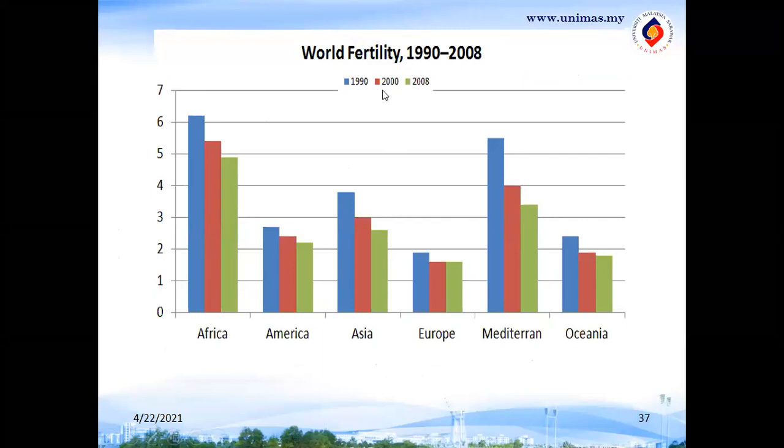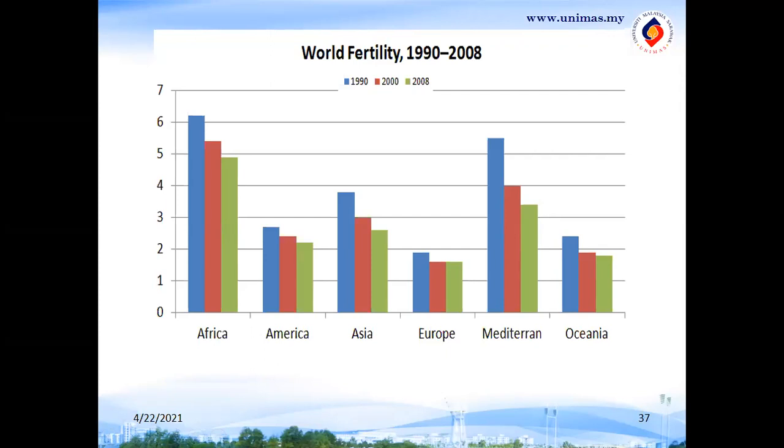The brown or red color here is for the year 2000, and then the green one is for 2008. So we see the trend from 1990 to 2008, where world fertility has been decreasing in all countries of the world.